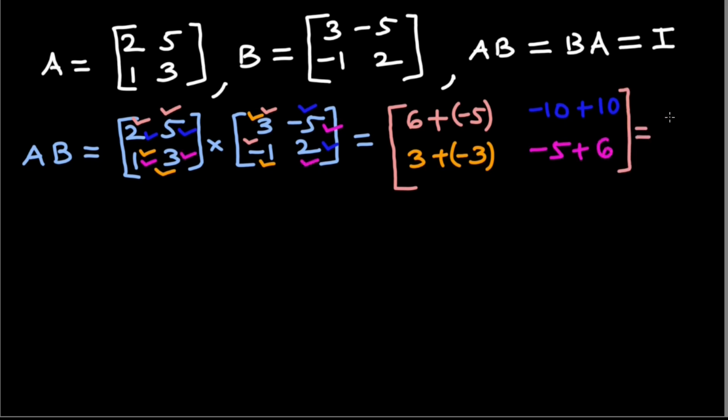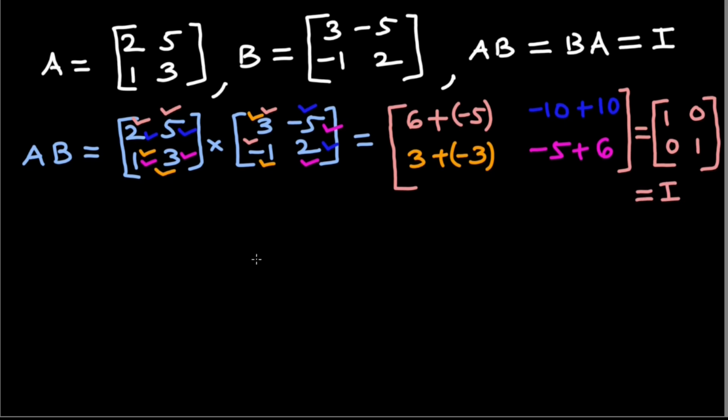Which will be 6 minus 5, 1; -10 plus 10, 0; 3 minus 3, 0; 6 minus 5, 1. So AB is an identity matrix I.